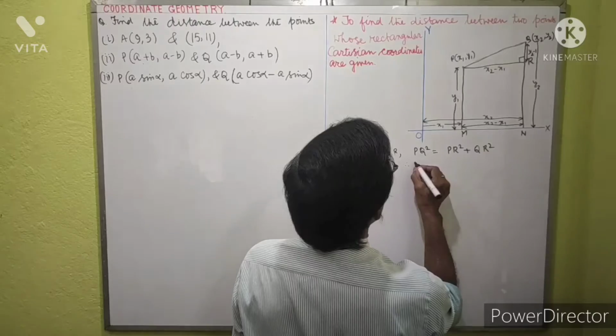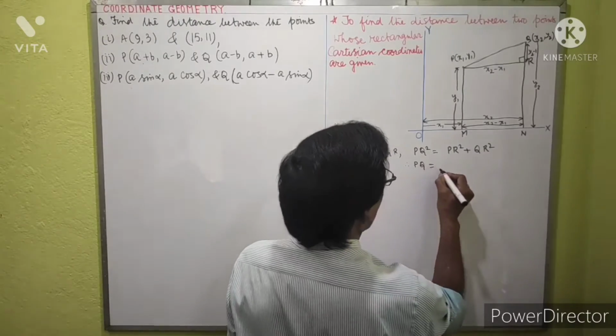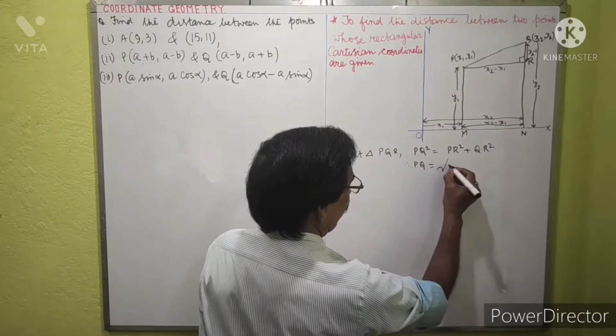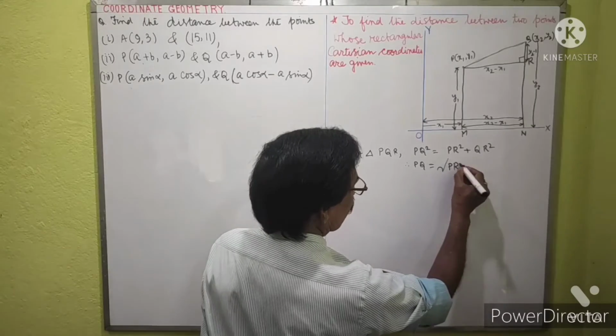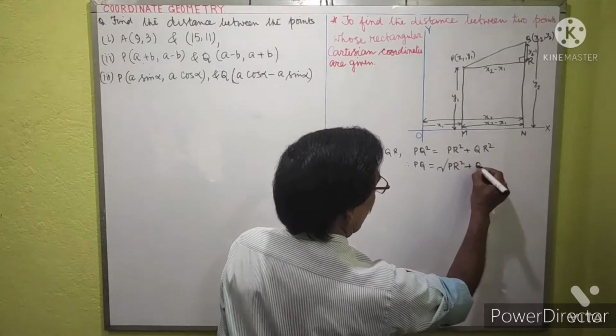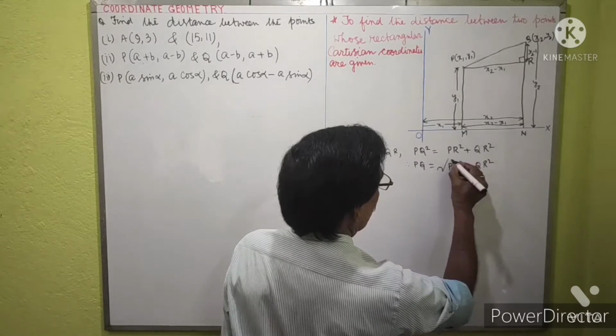Therefore PQ equal to root over of PR square plus QR square.